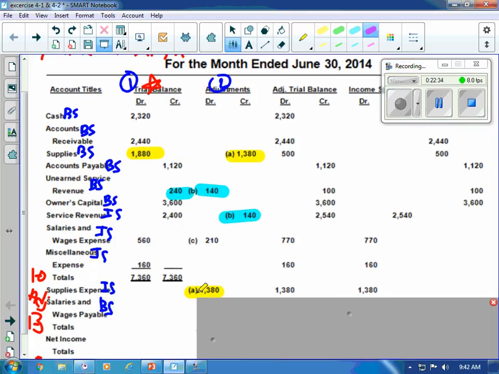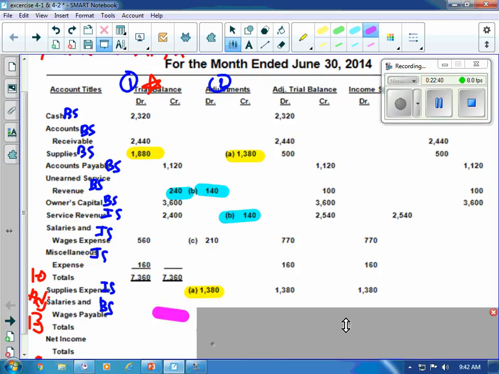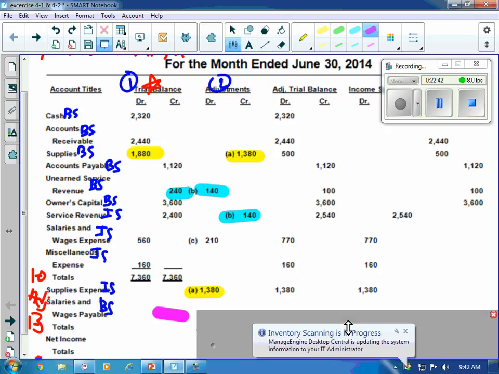And then our last one, salaries and wages payable, didn't even have one. So it's starting to look like a little elementary art project here, isn't it? But did my pen colors help you, hopefully?